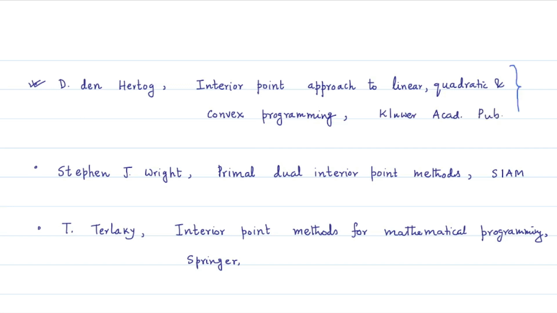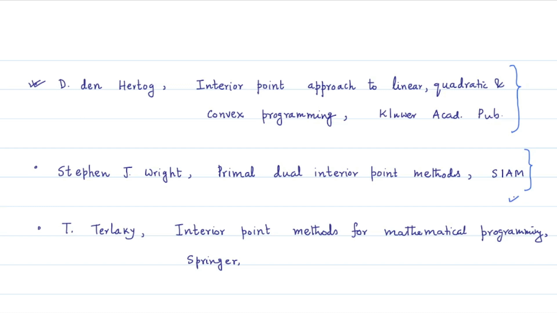In this book, the authors have nicely detailed the close association of the interior point method with the interior penalty method, or the log barrier formulation, for solving a constrained optimization problem. In this book, you will find in how many possible ways, from how many viewpoints, you can look at solving the KKT system by reducing the duality gap, the gap between the primal and the dual objective function value, along the central path.